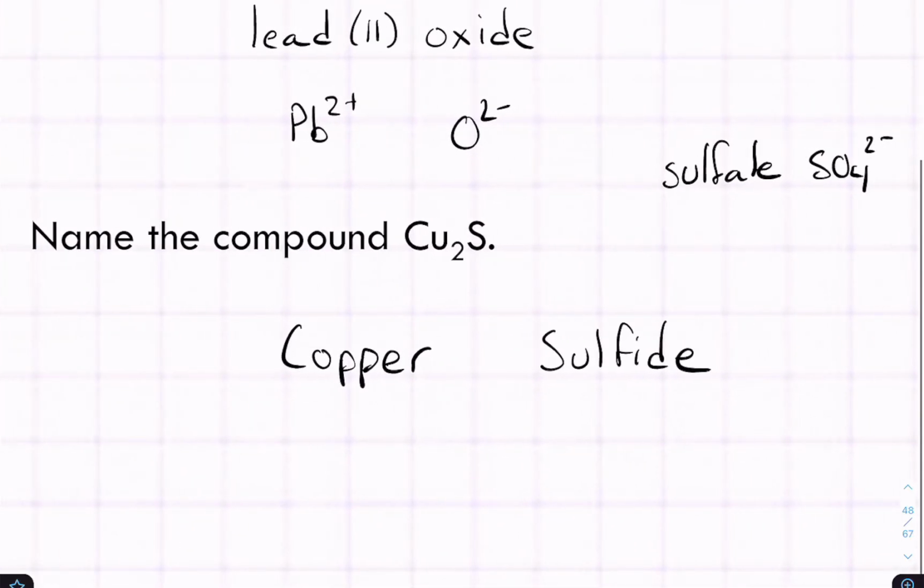Okay, so we have sulfur. Sulfur has a charge of 2 minus. And then we have 2 copper atoms. So what is the charge on each of the coppers to balance out the 2 minus?